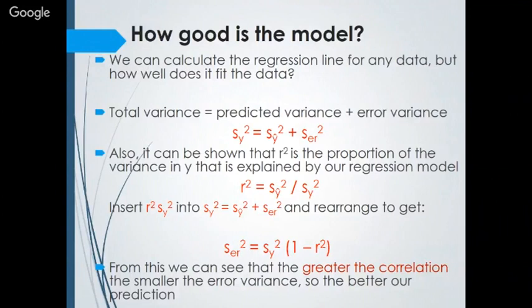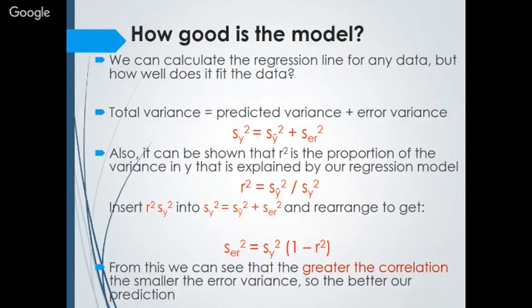Mathematically, variance of y is equal to variance of y cap plus variance of error. Also, it can be shown that r square is the proportion of the variance in y that is explained by our regression model. r square is equal to the predicted variance divided by the total variance.